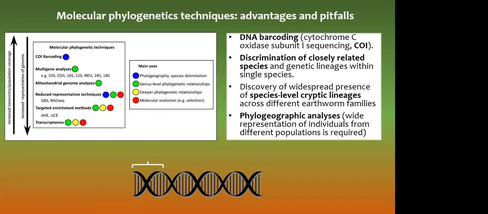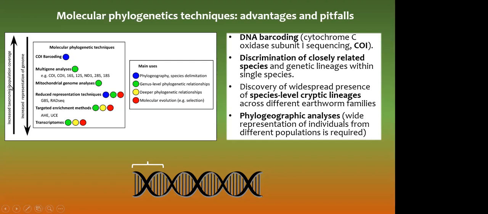That's why we have used molecular phylogenetic tools, which have allowed us to advance a lot on earthworm systematics, but those techniques have advantages and also pitfalls. Here you can see a graph which summarizes most of those techniques, and the main idea is that, as you can see in those arrows, when you go up there, you increase the coverage of populations or species, but you lose the representation of the genome.